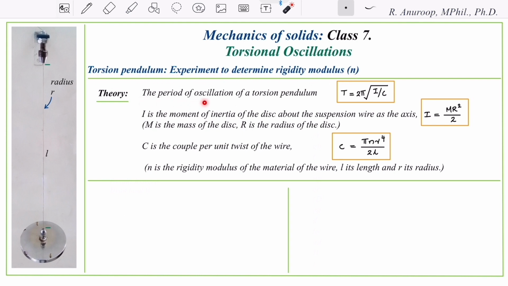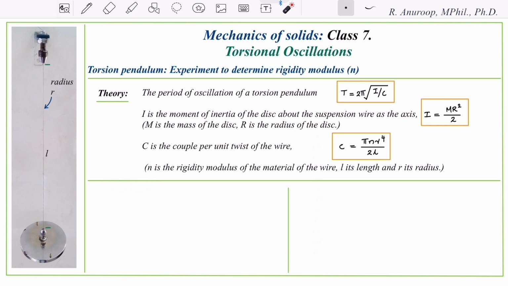We know that the period of oscillation of a torsion pendulum T is equal to 2 pi into square root of I by C, where I is the moment of inertia of the disc about the suspension wire as the axis. The disc is oscillating about the suspension wire.